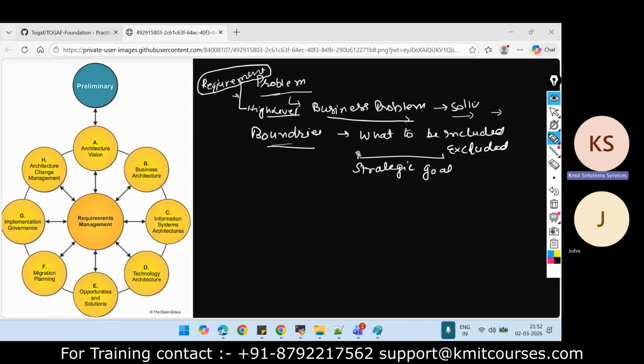Second, boundaries, which is basically telling what is included and what is not included or excluded, so that you can focus on the part of the project which is included, right? So unnecessarily you should not work on the architecture part which is not required.